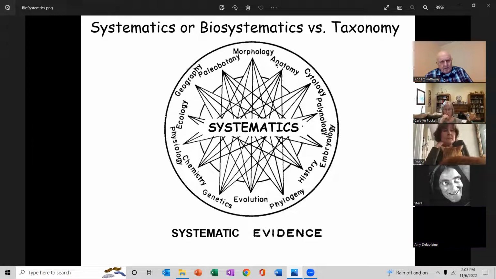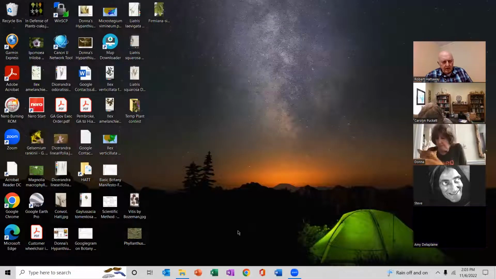Well, technically systematics or biosystematics, the more modern concept of what used to be called plant taxonomy, involves all of the biology, and anatomy and morphology are part of it. And so that's why this diagram is what it is. And I wanted to point that out.